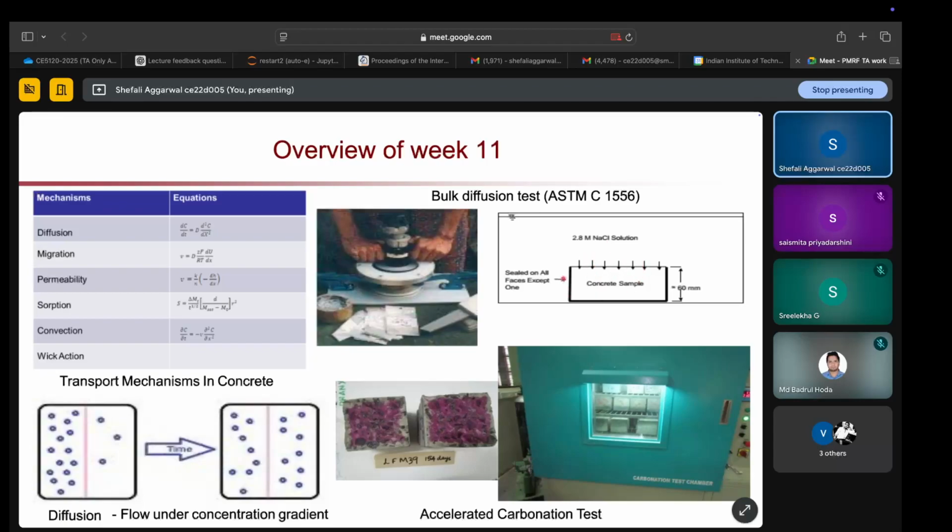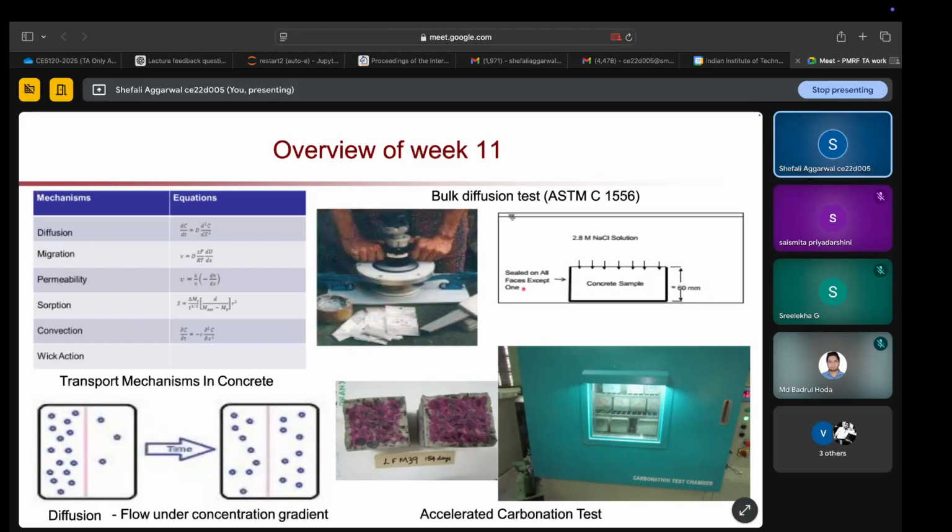Then after a particular time period, we take it out and collect powder from different depths of the concrete system, and then we get a chloride profile. Initially your chloride content will be high, then it will be lower. So you will have more chloride content in the top layer and very little chloride content in the lower layer.